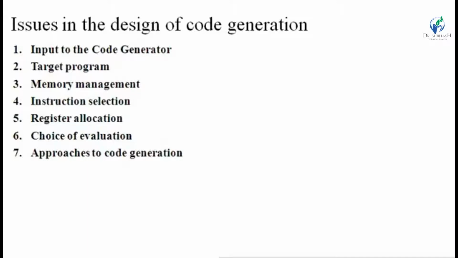The most important criterion for a code generator is that it produces correct code. Correctness takes special significance because of the number of special cases that a code generator must face. Given the premium on correctness, designing a code generator so it can be easily implemented, tested and maintained is an important design goal. So these are the 7 issues in the design of code generation.